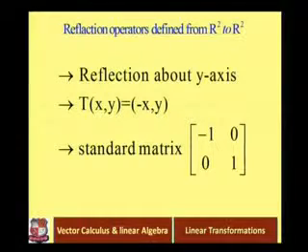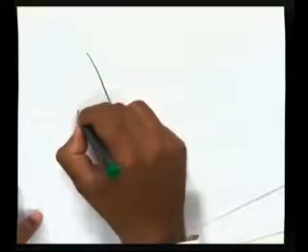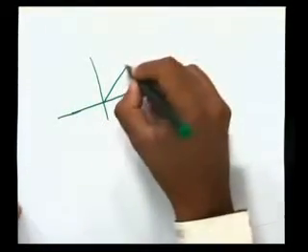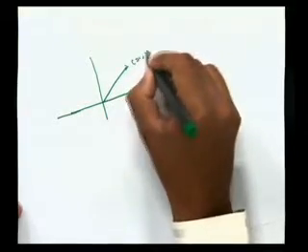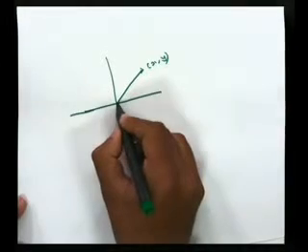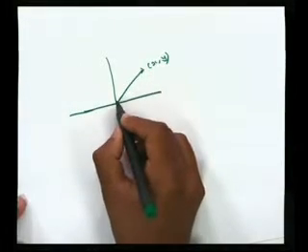Now the next type of linear transformation, the first one, is reflection. Let's see the figure of reflection. Now this is a vector xy. Now reflection about the y-axis.